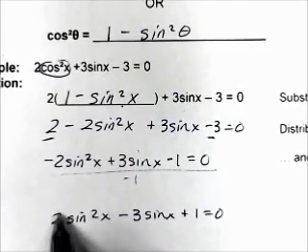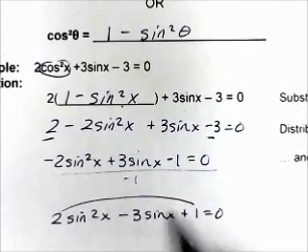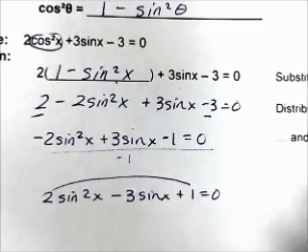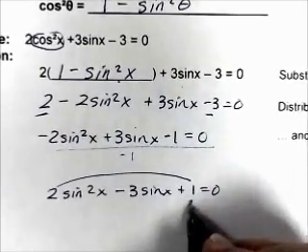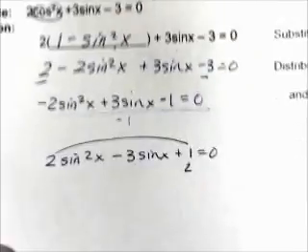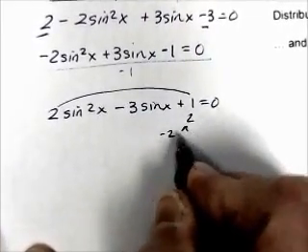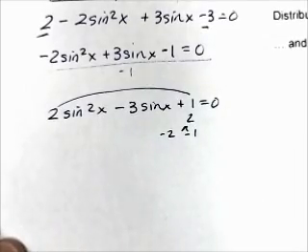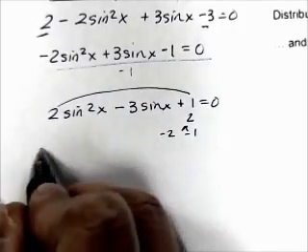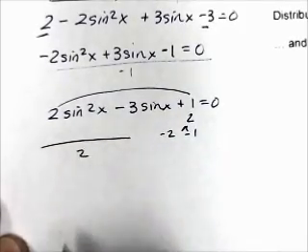Now the lead coefficient is 2, it's not 1, so I'll attempt to factor this. 2 times 1 is 2. Are there factors of 2 that add to negative 3? Yes, negative 2 and negative 1. But remember, we multiplied by 2, so this is where we'll have to divide by 2.